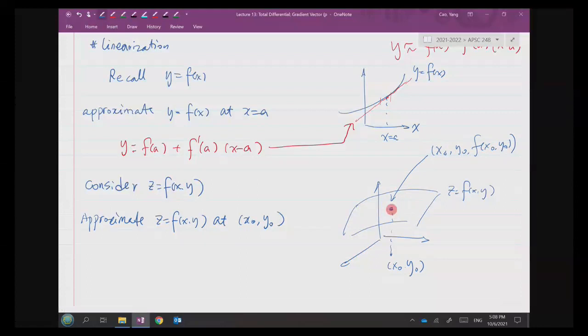If I take a guess, for a single curve I could use a straight line or tangent line at that location to approximate this curve.